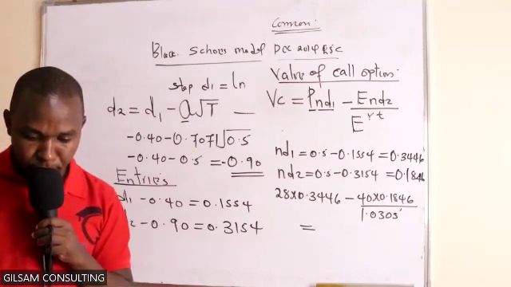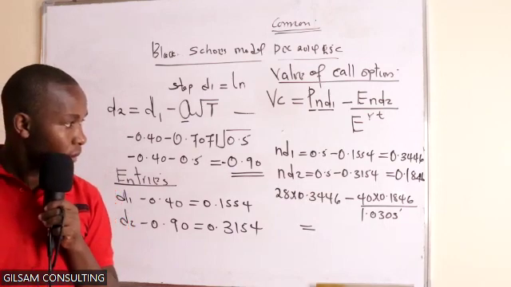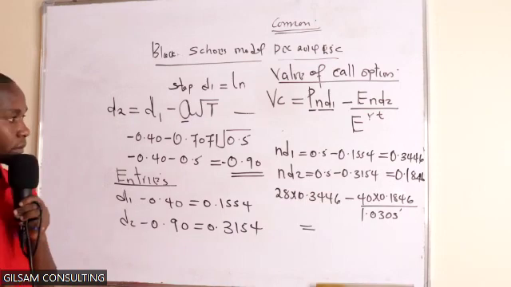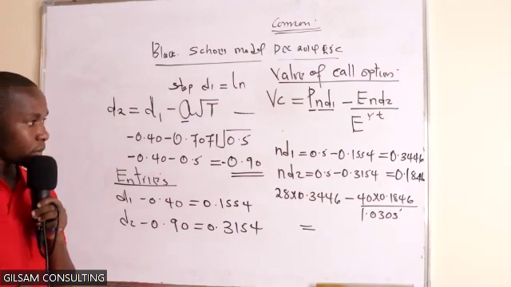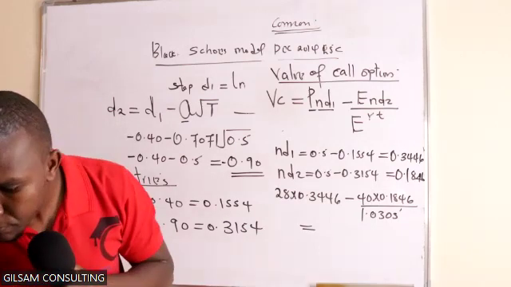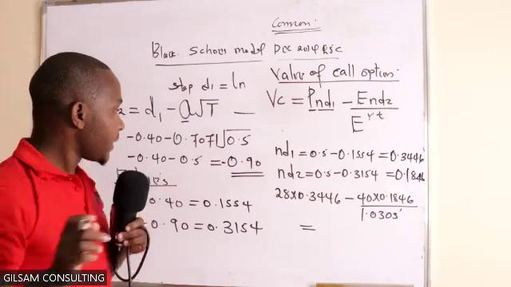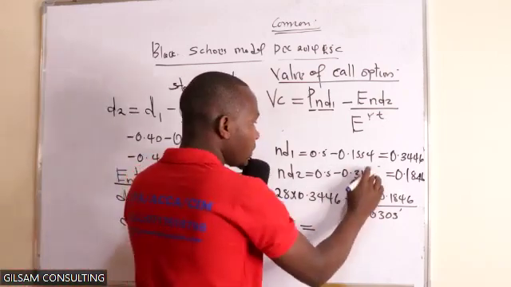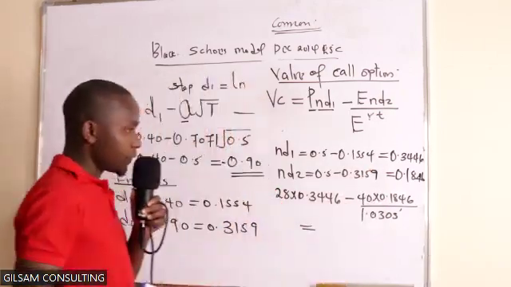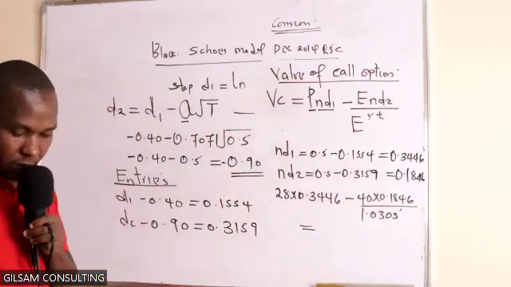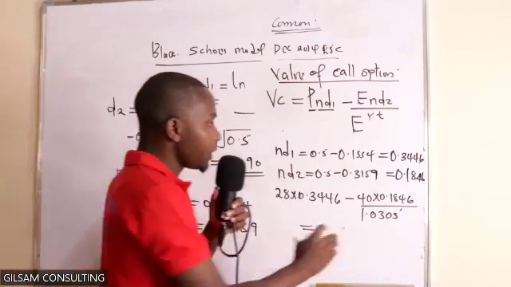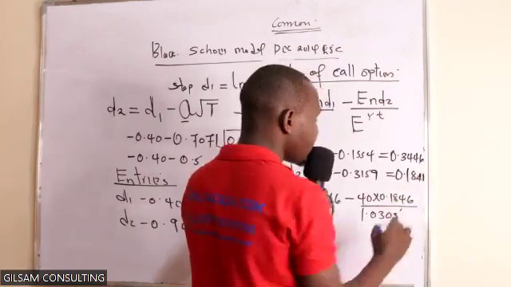No, what I'm saying is there at D2, when we read it from the curve table, it should be 0.3159, not 54. 59. From the table? Yeah. Oh, 59. So which means it will change that one, 0.5 minus 0.359. So this one will reduce, it will be 41.